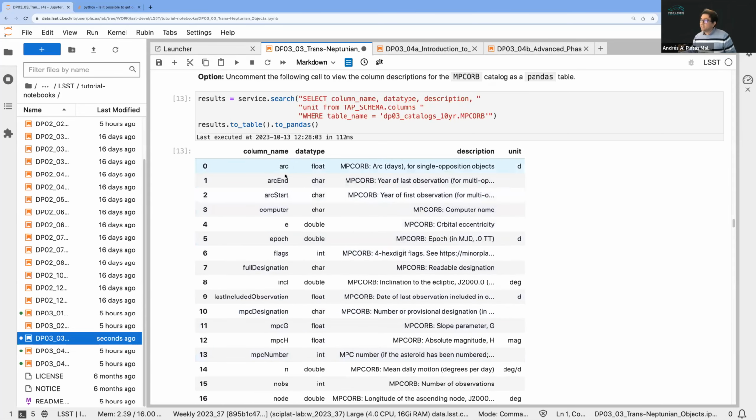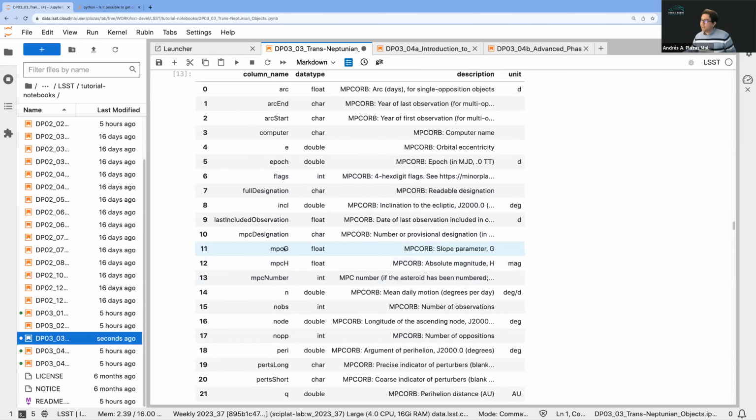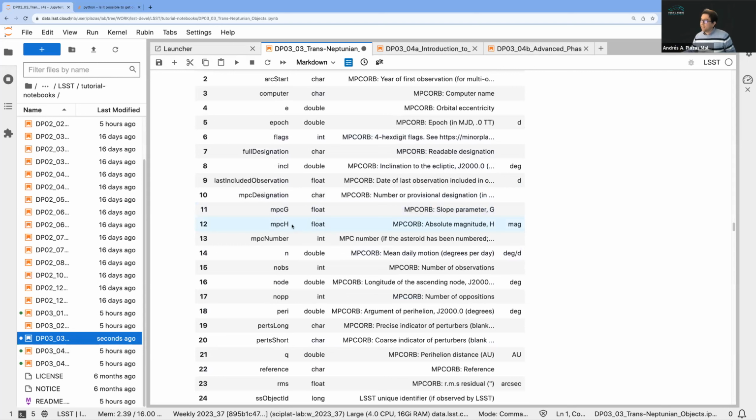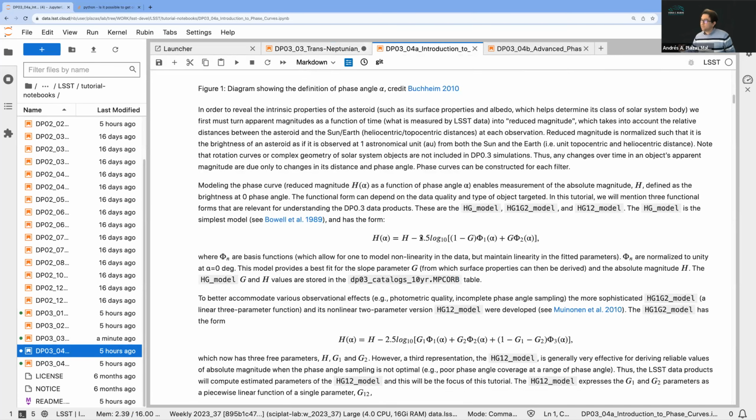So then we have different quantities, and I'm going to be interested in just a few of these, in particular the orbital parameters like the eccentricity and the inclination of the orbit. I'm also going to retrieve this H absolute magnitude that I was telling you about, and then there is a related slope of the phase curve that is also explained in notebook number 4. You can see that it's a function that depends on a slope parameter and some basis functions.